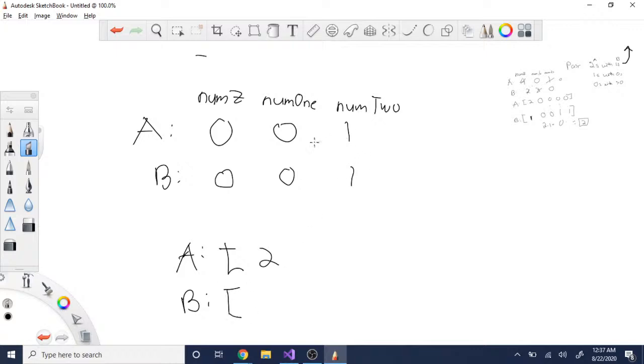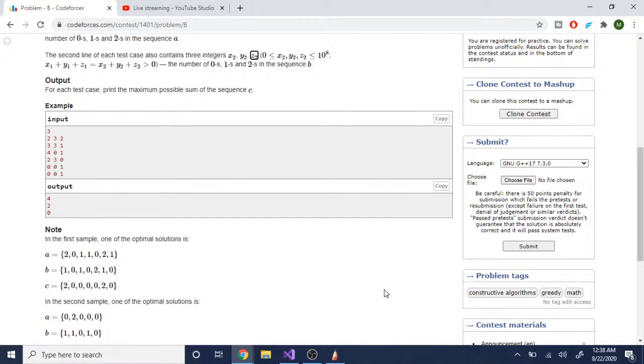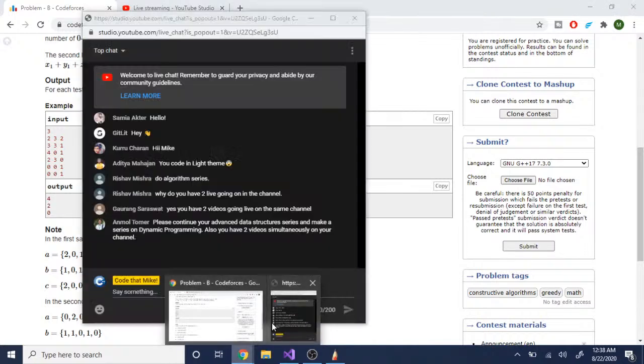So I'll pair 2 with 2. Because these are equal, it's going to get us to 0. Okay, so I think I have an idea how to do it. I'm not totally sure, but let's try coding it up.